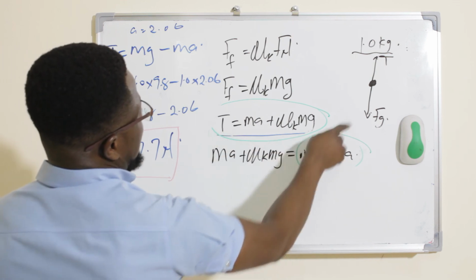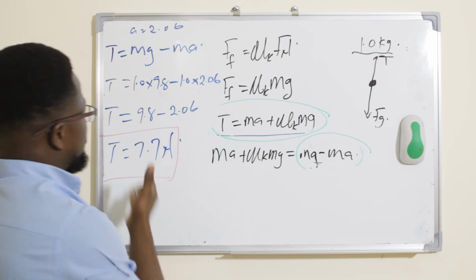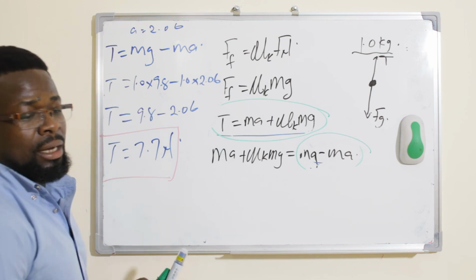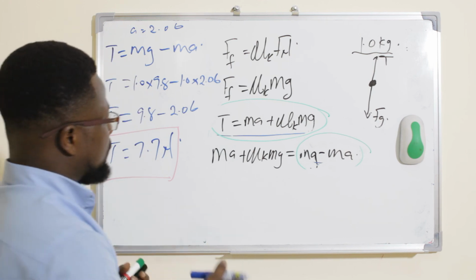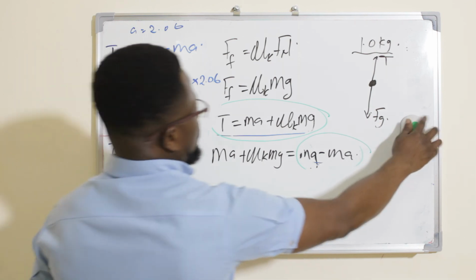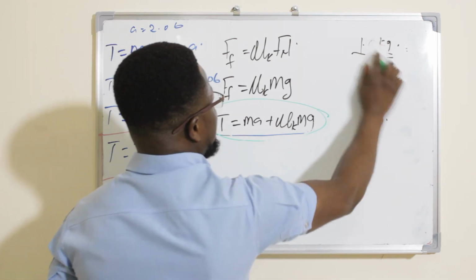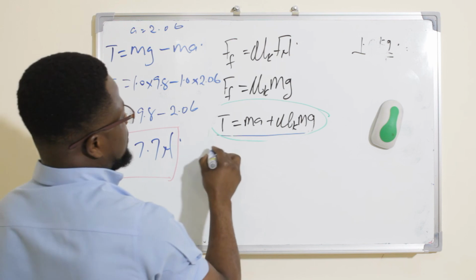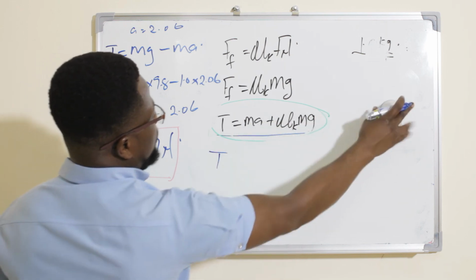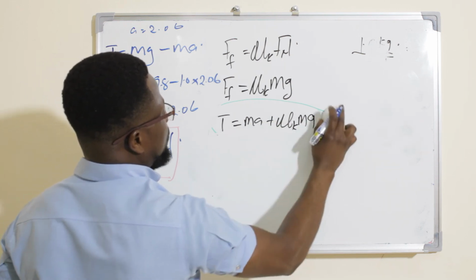We can use this as well and check to see if we're going to get the same answer. And I believe we should have the same answer. So let's do the substitution straight away.